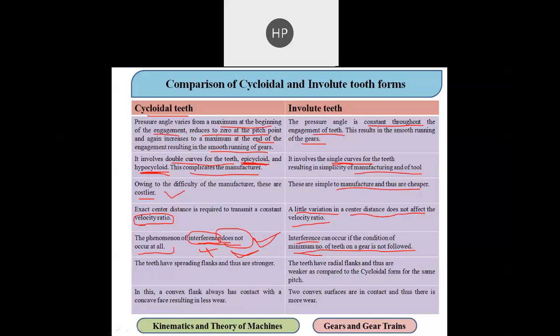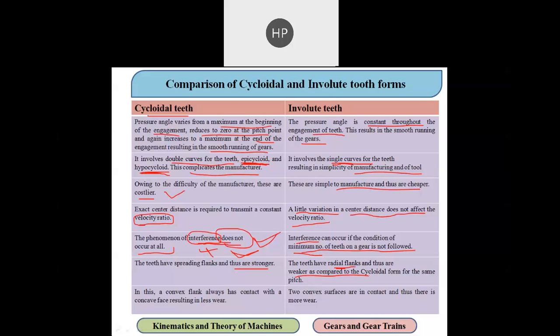The teeth have a spreaded flank and thus are stronger. Okay, so the flank is spread, so its width is comparatively higher, so they are stronger as compared to involute tooth. While an involute tooth has a radial flank, so it is weaker as compared to cycloidal tooth of the same shape and size.